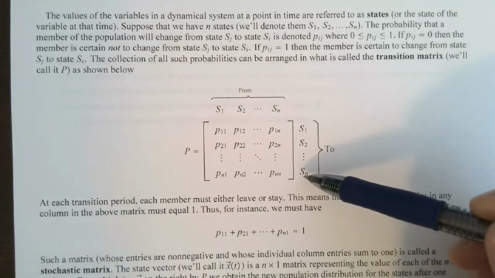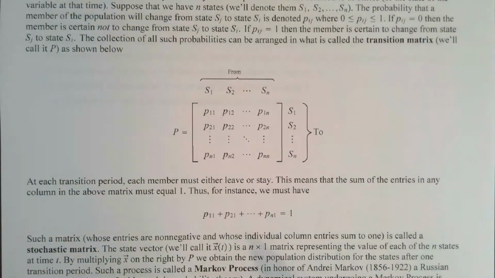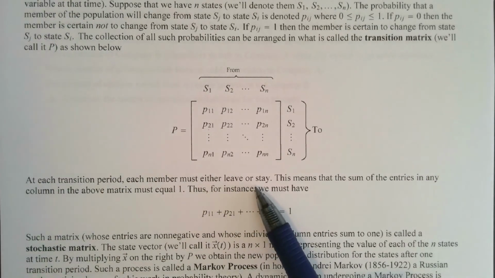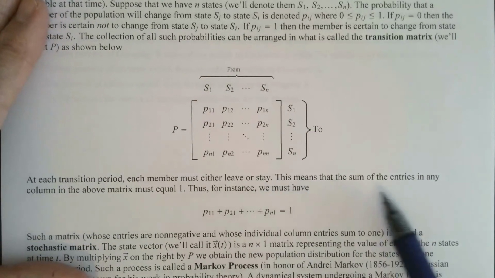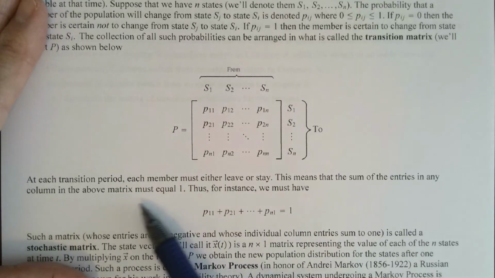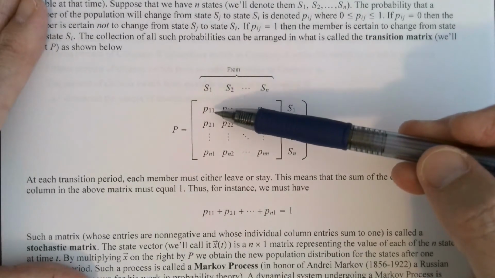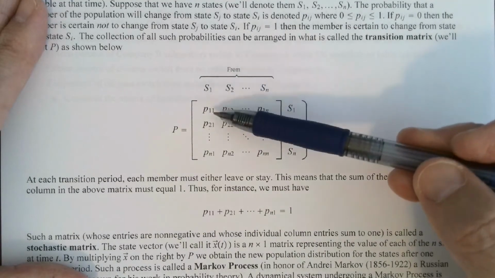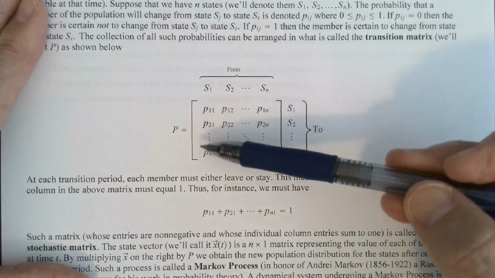Now, at each transition period, each member must either leave or stay. We had 2 channels in the last example, so you either stay with channel 1 or you leave channel 1. This means that the sum of the entries in any column must equal 1. Leaving state 1, you either stay with state 1, P11, that's the probability you stay with state 1, or you switch to state 2, or state 3, or all the way down to state n.